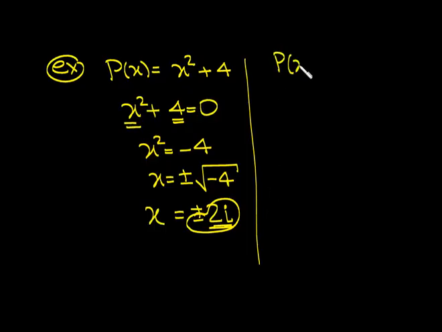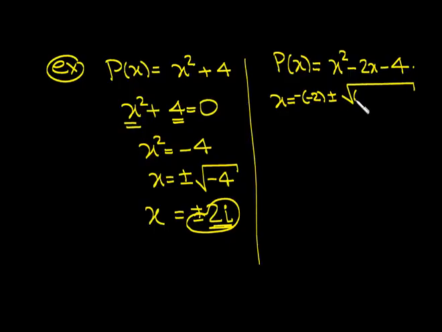Let's say I have p of x equal to x squared minus 2x minus 4. This cannot be factored, so I want to use the quadratic formula. We get negative b plus or minus the square root of b squared minus 4 times a times c, divided by 2a.